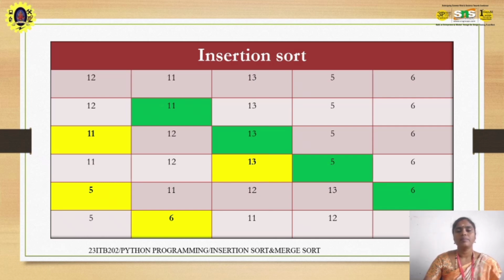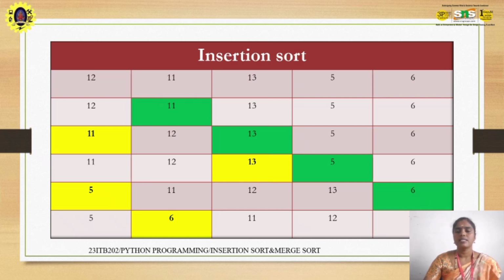In the next step, we take the value 5 and compare to the elements in the sorted array 11, 12 and 13. When compared to these values, 5 is the smallest. So we insert the value before 11. So the sorted array elements become 5, 11, 12 and 13.